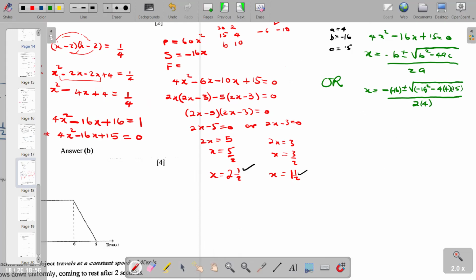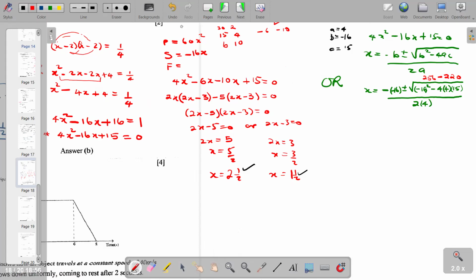So the part under the root sign is going to give you 256 minus this one. Fifteen times 4 is 60, 60 times 4 is 240. Minus 240, meaning it's 16.